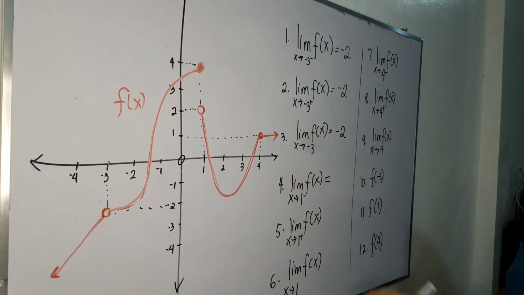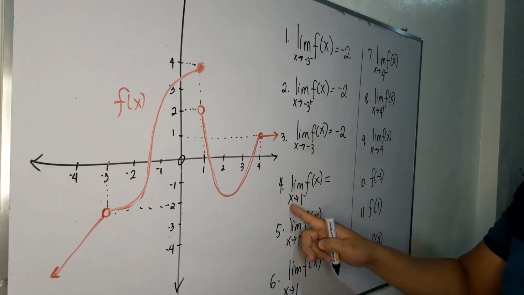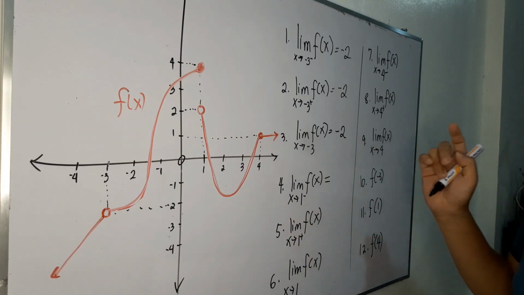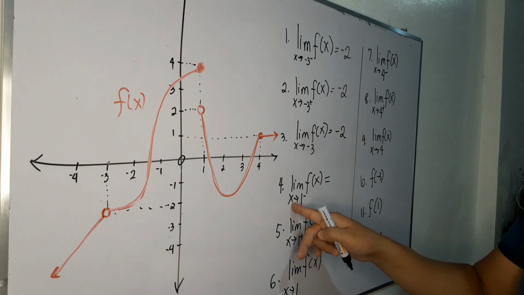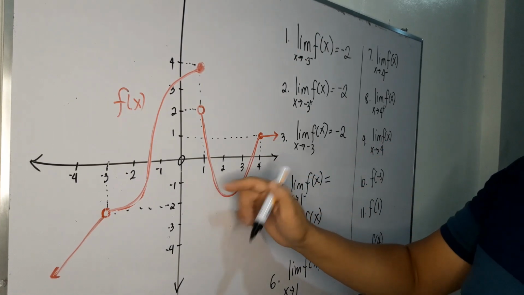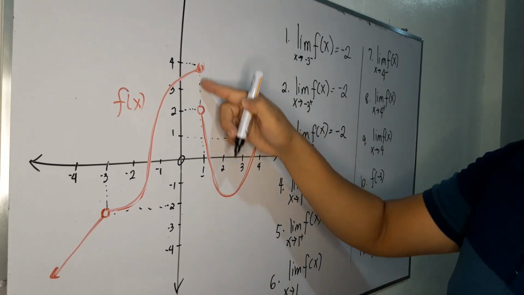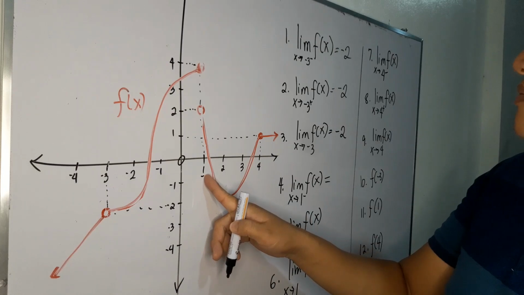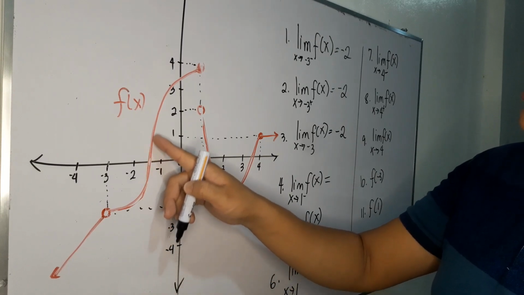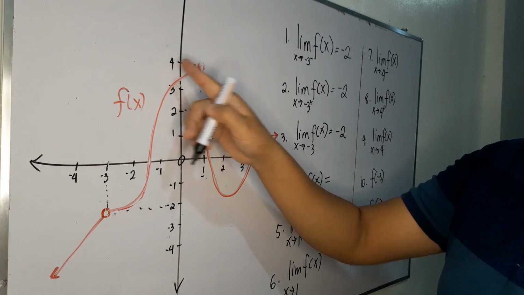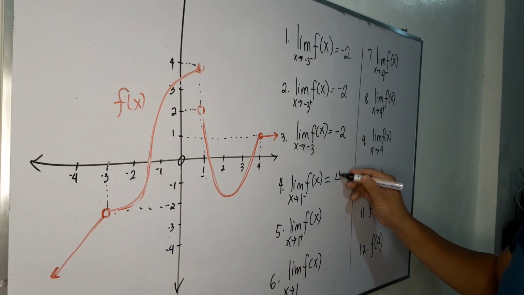But if these two are not the same, then the two-sided limit does not exist. How about number 4? Limit of f of x as x approaches 1 from the left. Where is x equals 1? This one. So this part here. So we will approach this x equals 1 from the left. So we will trace going to x equals 1. So y values go to 4.